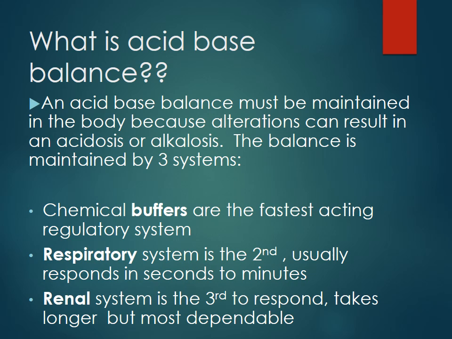Now you want to talk about what is acid-base balance. I'm never going to stop saying this because it's my favorite thing to say: the body is constantly fighting to maintain homeostasis. In part of trying to maintain homeostasis, the balance is influenced by the production and the elimination of hydrogen ions. So your question to me is, how do we keep up with this production and elimination of hydrogen ions?